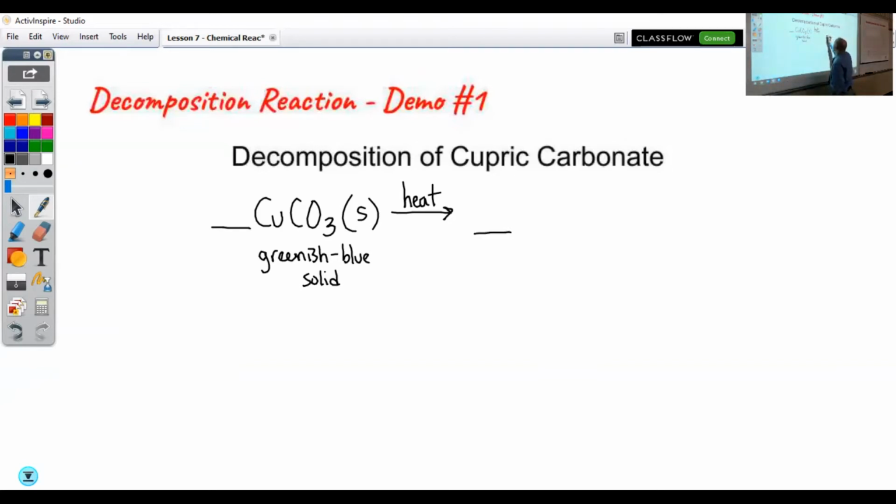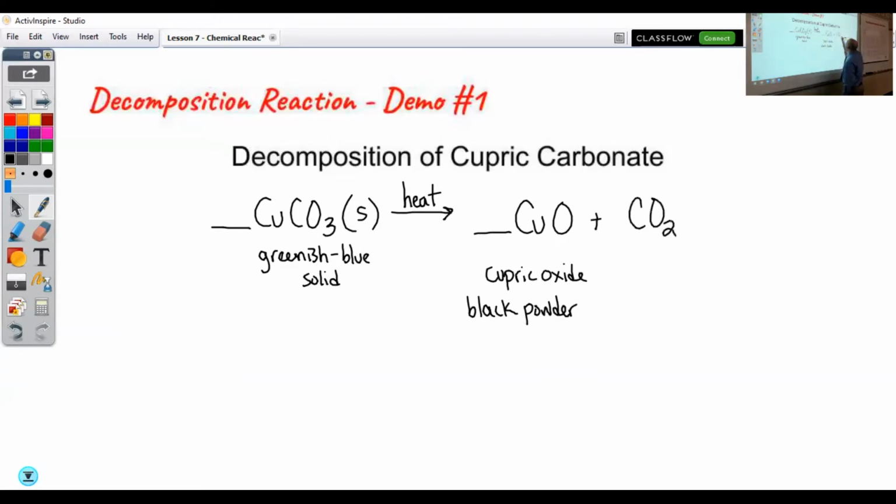So it breaks down to form CuO, which is known as cupric oxide. This was the black powder that was formed, plus CO2, which is, of course, carbon dioxide. When we balance this equation, we'll wind up with coefficients of 1 across the board.